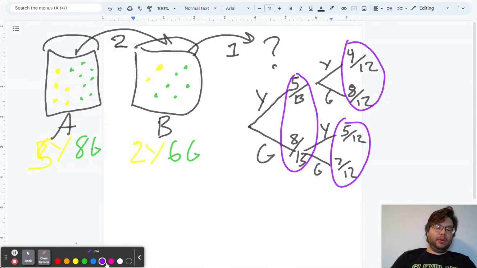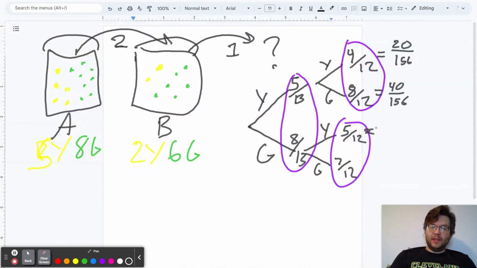So what we can do is multiply the probabilities along each of those branches to get here. 5 times 4, 12 times 13 makes 156. They're all going to be out of 156. So 8 times 5. Another 8 times 5.